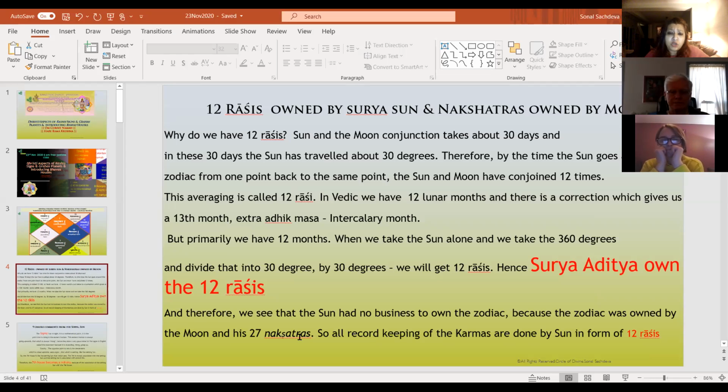In Vedic we also have an extra month because the moon's travel time is not exactly 30 degrees. It's a little less or a little more, so there's a discrepancy, and that's why we get an extra month every few years. I think it's every 4 or 5 years that we get an intercalary month.